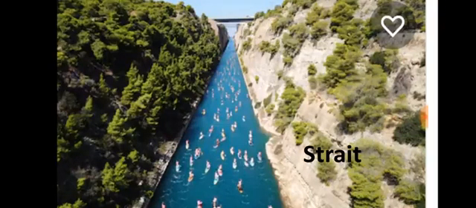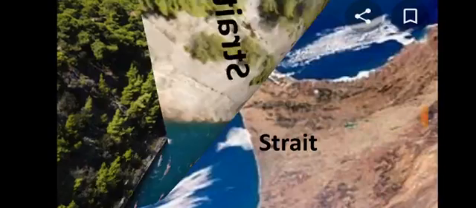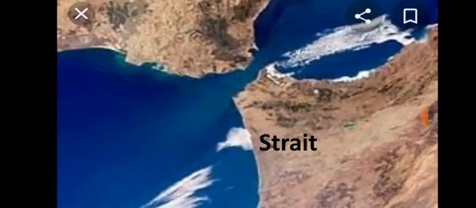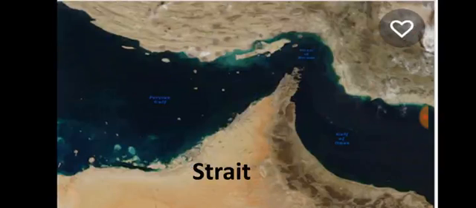We can see this picture here is a narrow passage of water, and if we look forward, it's connecting two larger bodies of water. This is another picture of a strait. There's a narrow part here connecting a bigger side and another bigger side of the water.